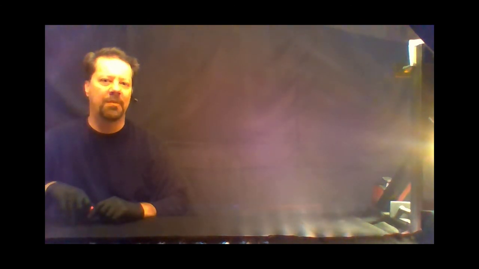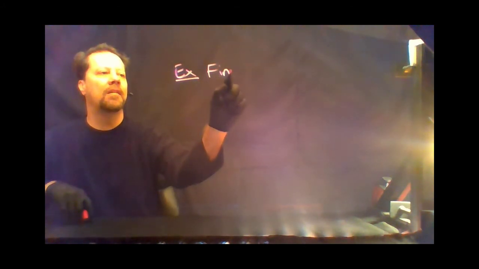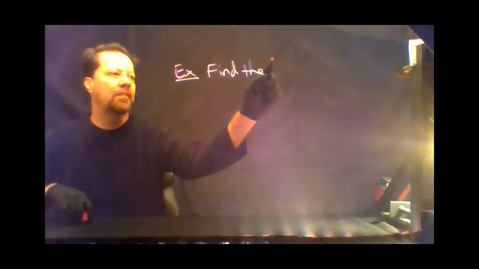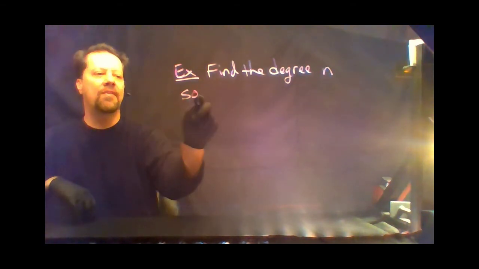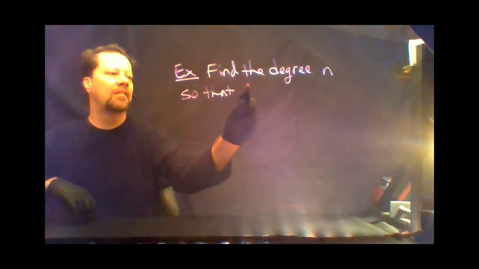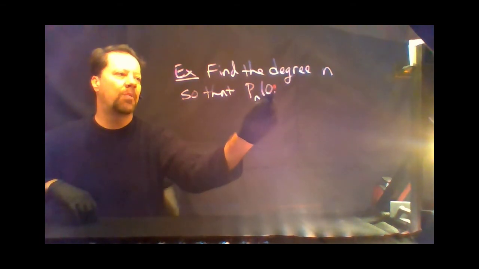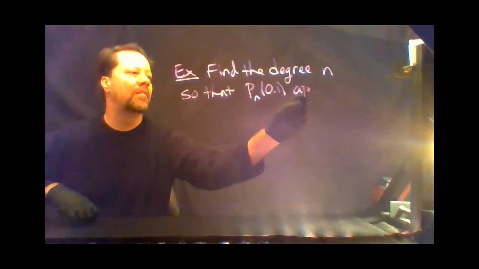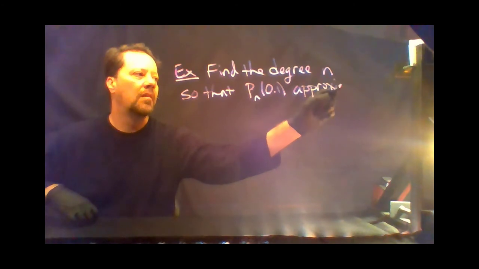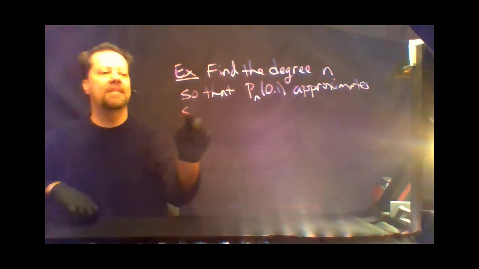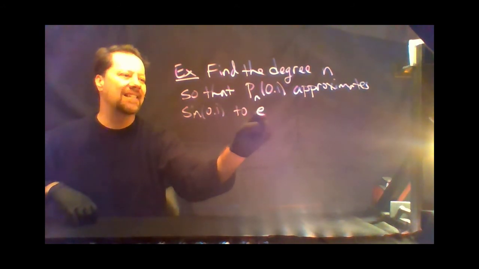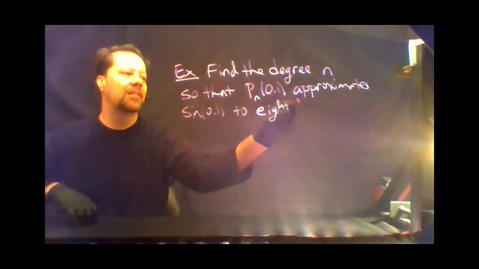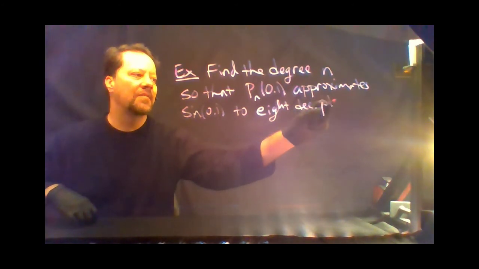We can turn this last problem around. Find the degree n so that Pn of 0.1 approximates the sine of 0.1 to 8 decimal places.